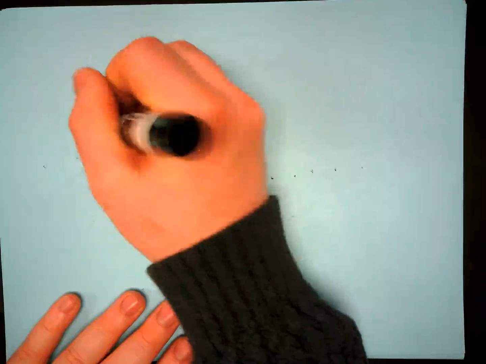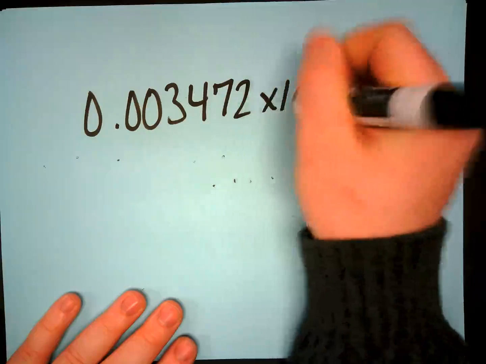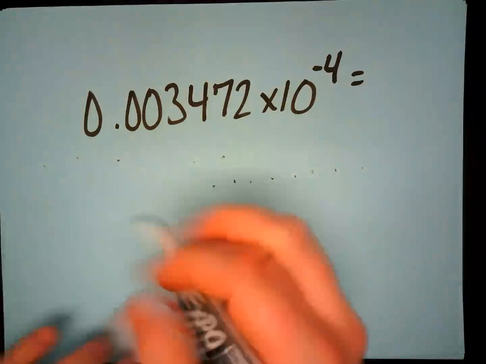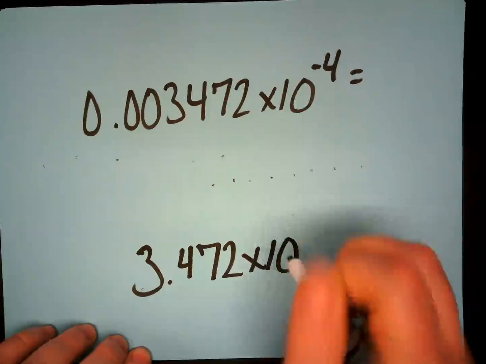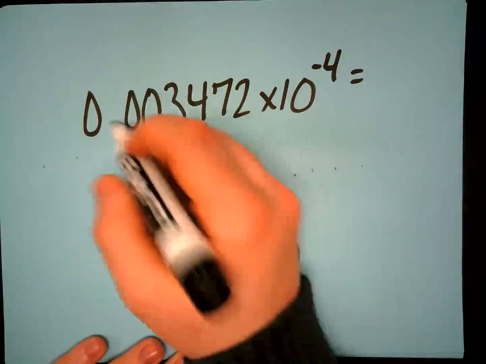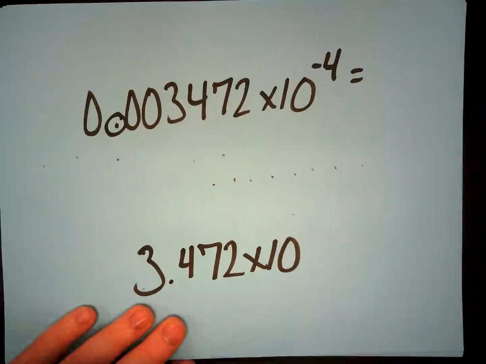Now to do that the other way, the more abstract way. So my decimal's here, and I know that I've got to make it look like this at the end. Okay. I'm going to look at this, and again, I'm going to use the rules as if I'm putting it into scientific notation.